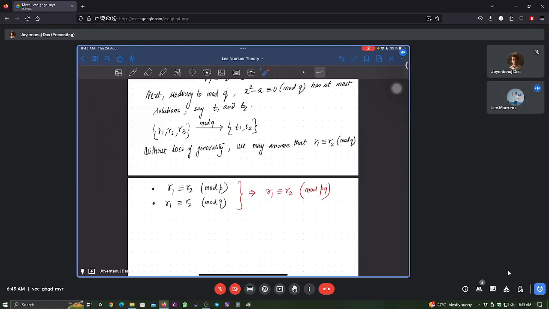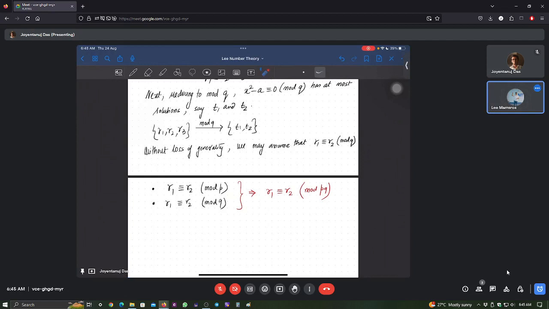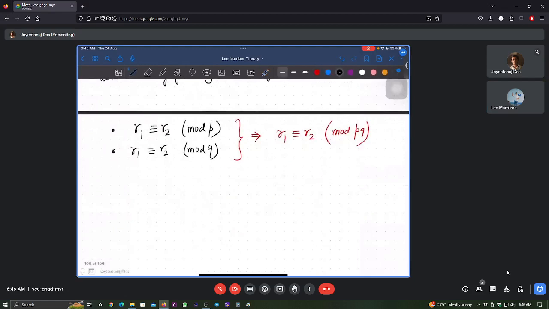That is actually true, right? Because what does it say? It says that P divides R1 minus R2. Okay, let me write it down. R1 minus R2 equals P times some K. Now I know that Q also divides R1 minus R2. Since P and Q are distinct primes, Q has to divide K only.